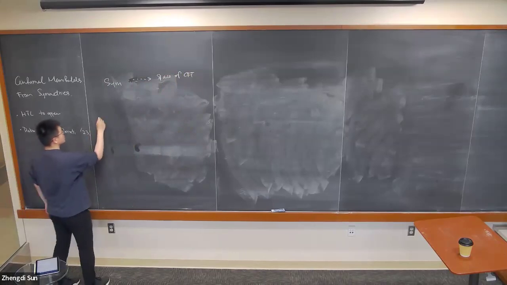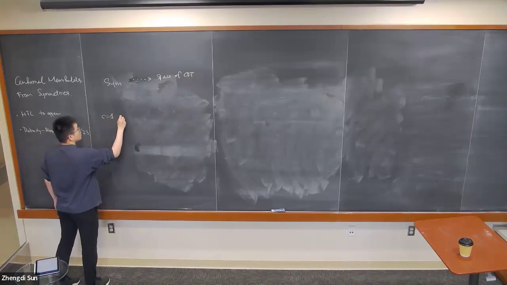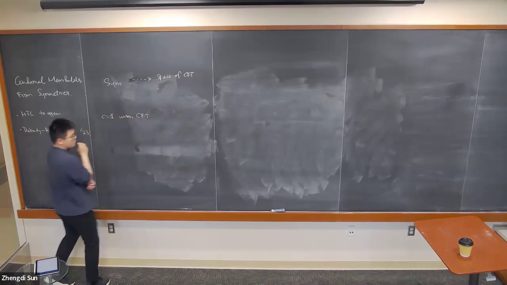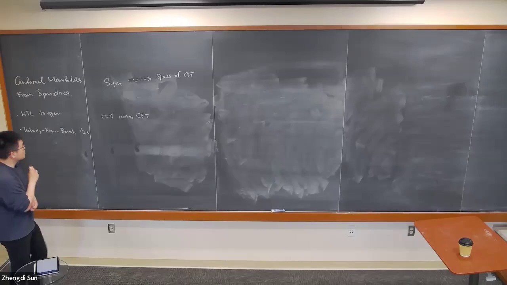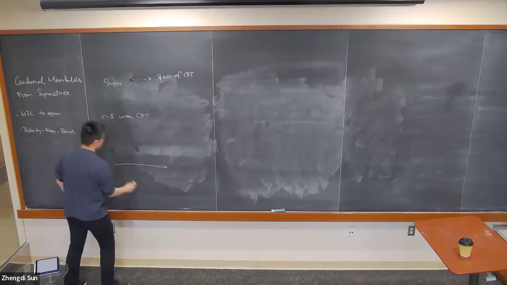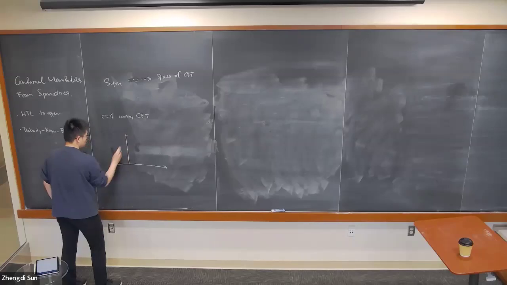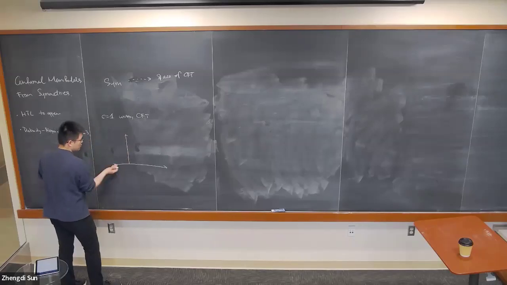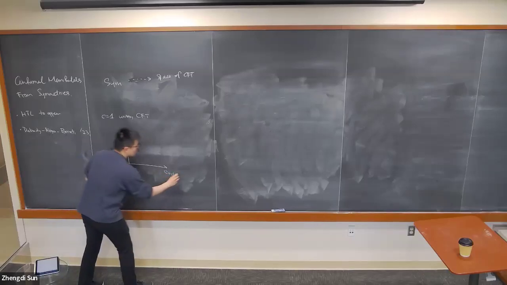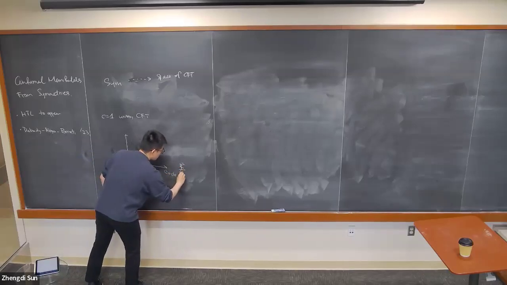In particular, let me just focus on c equals 1 unitary CFTs for now. This has been discussed a lot in the literature. At least all the known c equals 1 unitary CFTs basically form this kind of T-shaped region. One way to think about these directions is the circle branch, which is described by a compact boson.